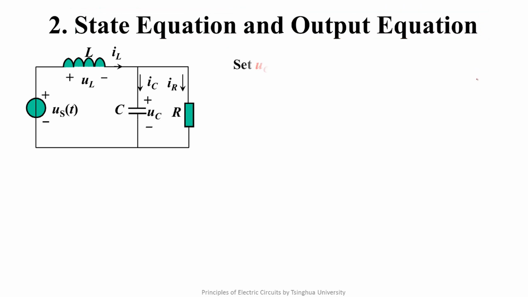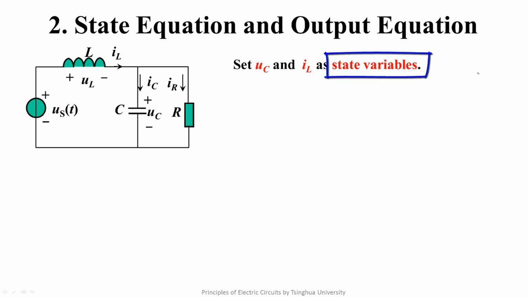In such a second-order circuit, we might set UC and IL as the state variables. The word state here has appeared many times in dynamic circuits. For instance, we have introduced the concept of the zero state previously. We said there, the zero state refers to the case of energy storage elements with no initial energy storage, or UC and IL being equal to zero.